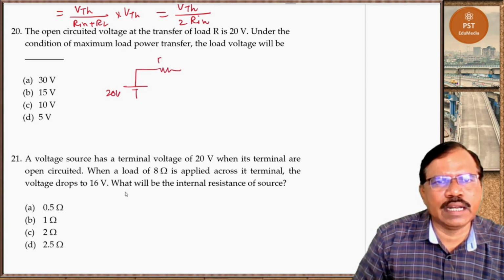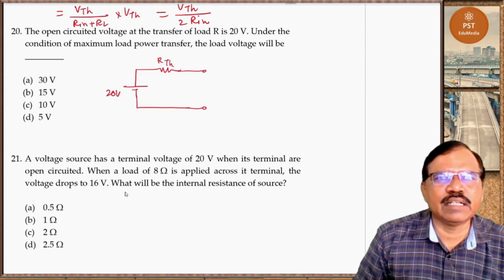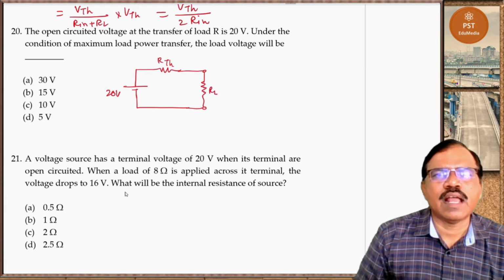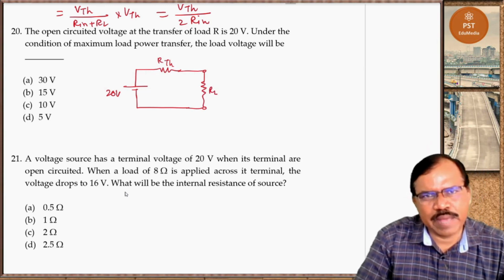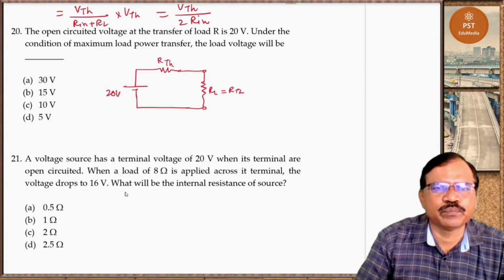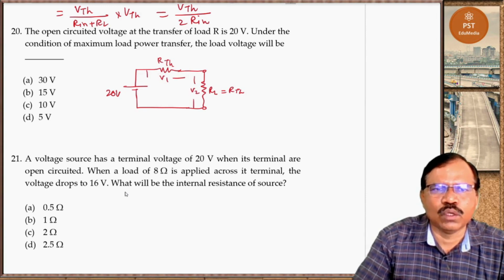Its internal resistance will be something, RTH or RN. So when terminals are open, you will get 20 volt here. But now we will connect load resistance here, and maximum power means RL will be equal to RTH. So what happens here? This 20 volt is V1 here and V2 here. So we have a circuit like this.